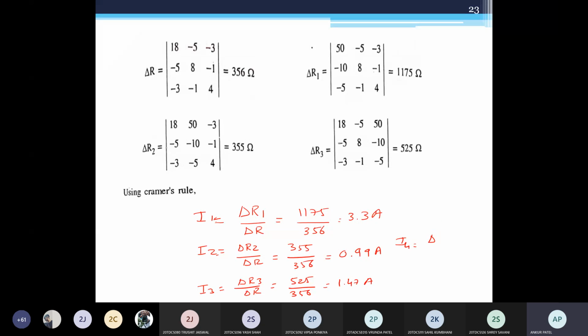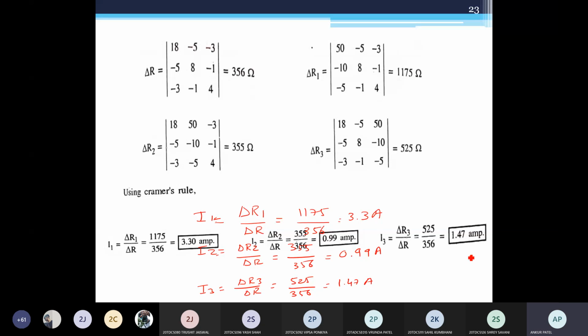We haven't I4, just I1, I2, and I3. So I'm erasing this. We are verifying 3.3, 0.99, and 1.47. So I1 is 3.30 ampere, I2 is 0.99, and I3 is 1.47.